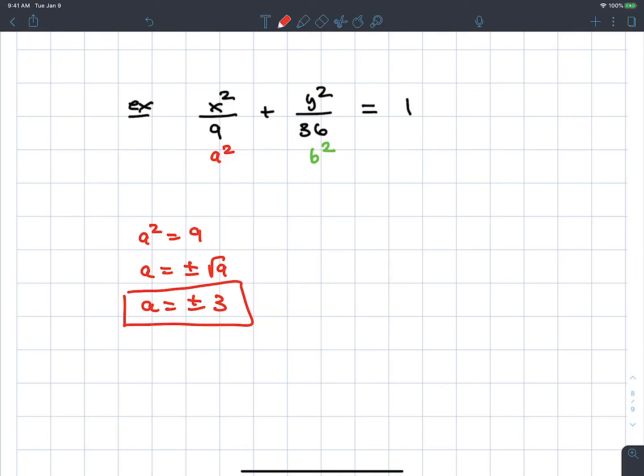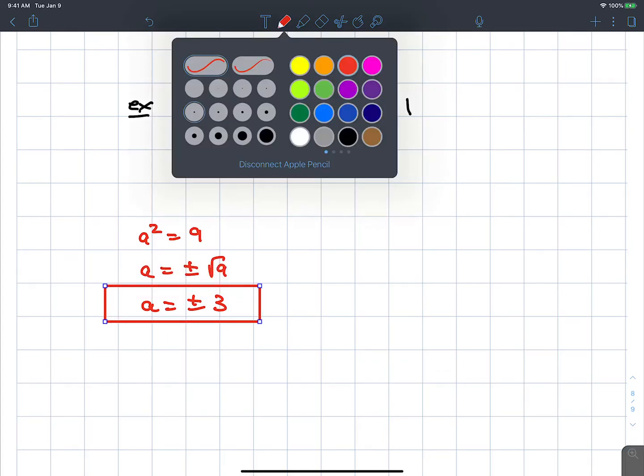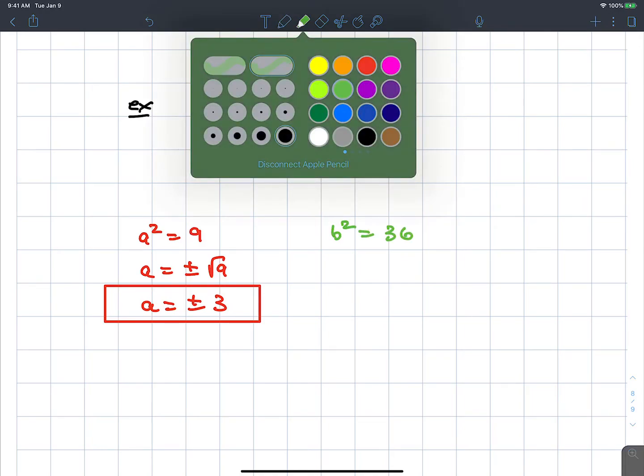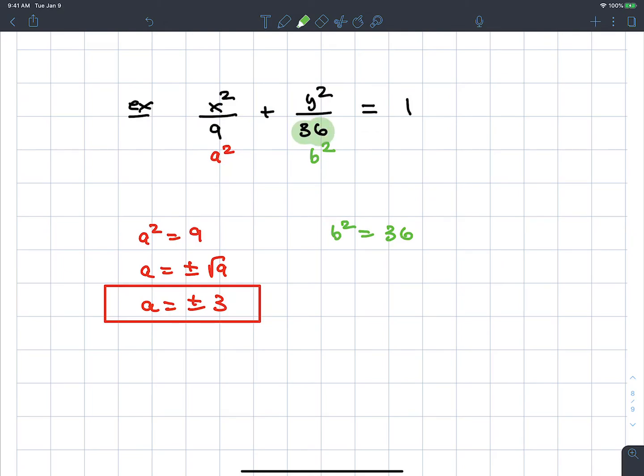These are the two values that we use. For the second equation, b squared is 36 right here. B squared is that number, 36. Just as for a squared, it was 9. So when we solve for b, b will be plus or minus the square root of 36, or we say b is plus or minus 6.